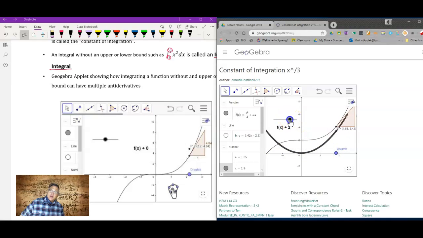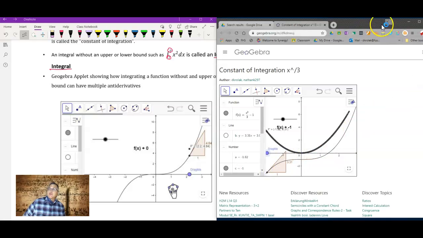If I slide it down to around -1 and graph its derivative, all three have the same derivative. That's why we add the constant of integration when we're integrating without an upper or lower bound, because there would be an infinite number of them, and we need a way of representing that.